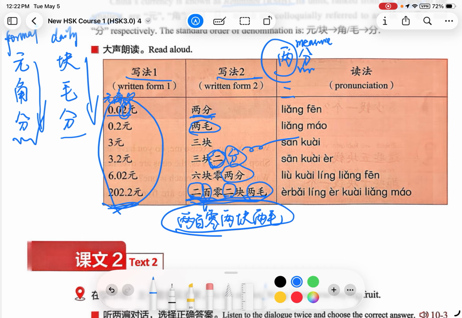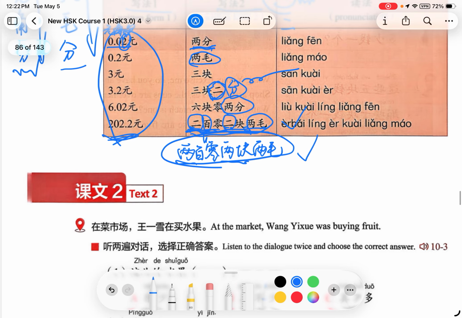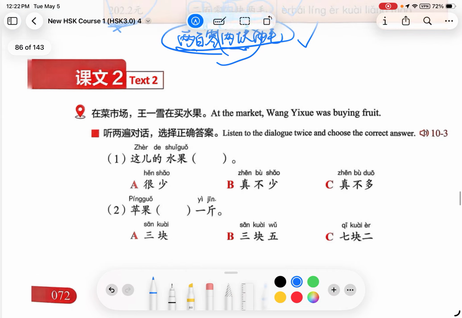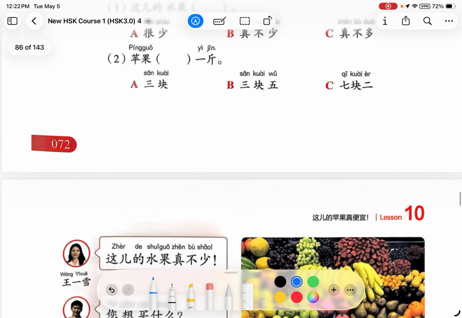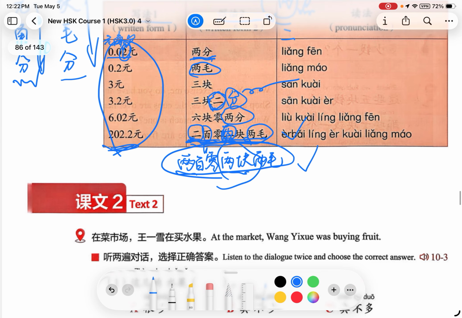So you can use both, both are right, okay? But I prefer this usage, so I prefer if we can do 2块2毛.